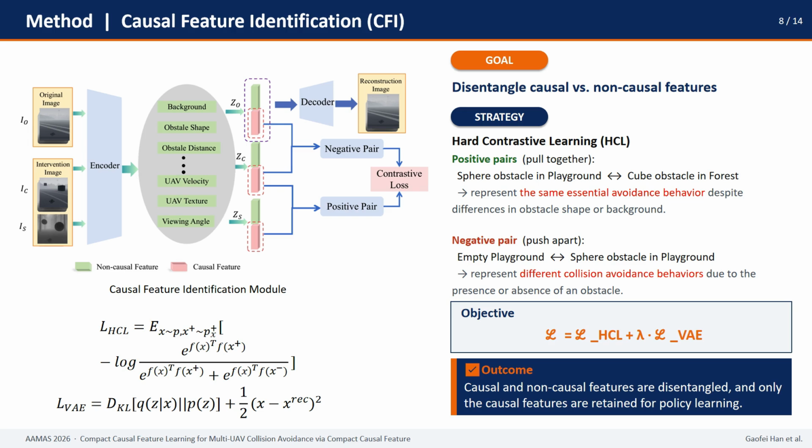Negative pairs consist of an image of empty playground and an image of sphere obstacle in playground. They are pushed apart because they represent different collision avoidance behaviors due to the presence or absence of an obstacle. The objective combines HCO loss and VE reconstruction loss to ensure both invariance and fidelity. After causal and non-causal features are disentangled, only the disentangled causal features are retained for policy learning.